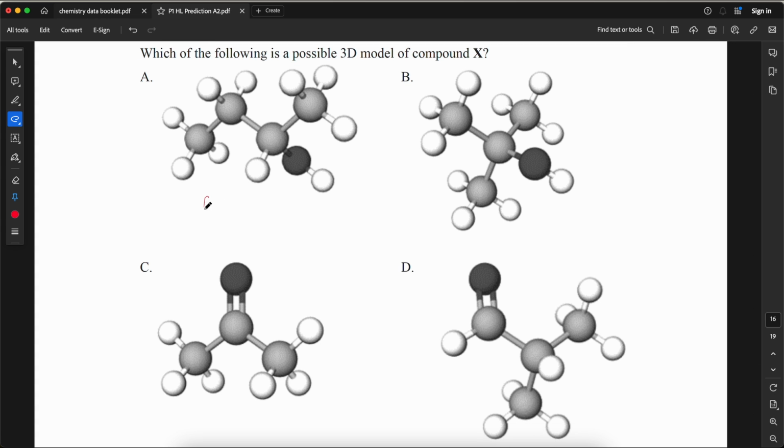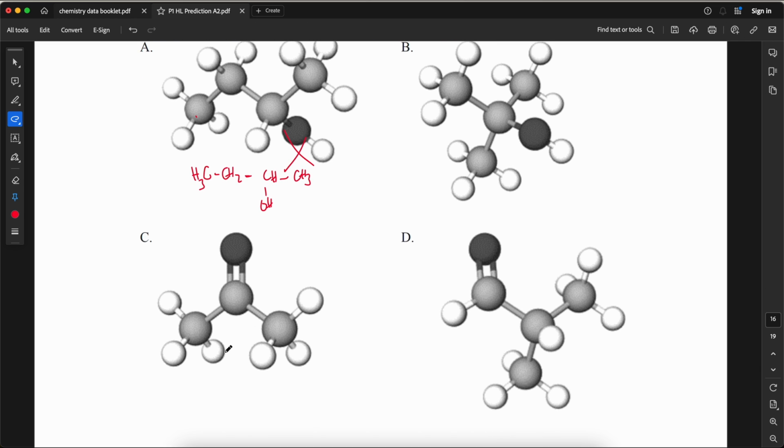So the first one, that would be CH3. The white one is H, the gray one is C, this should be O, and this one of course is H. So CH3, CH2, and then we've got CH with OH, and then CH3 here. So this is a secondary alcohol. And for C, CH3, then C double bond O, and then CH3: a ketone.